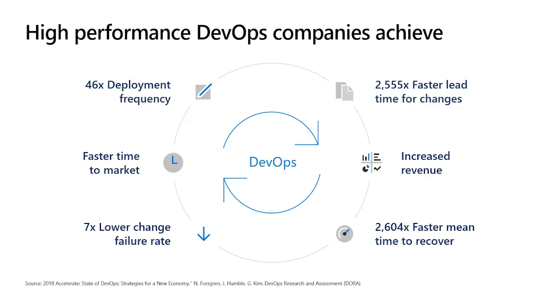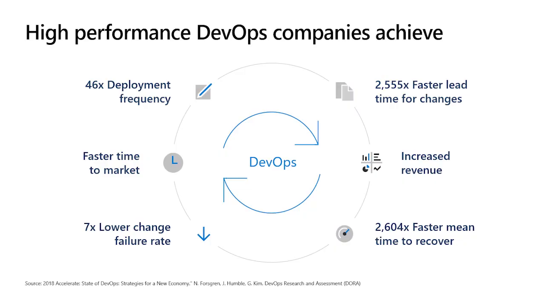The great thing is we found that high performance DevOps companies achieve these goals by taking advantage of optimized DevOps workflows. So that is what we want to help you achieve and why we are talking about DevOps or CI/CD pipelines, because it allows you to achieve these goals by automating your builds, testing, integration, and deployments as you make and push your code changes.